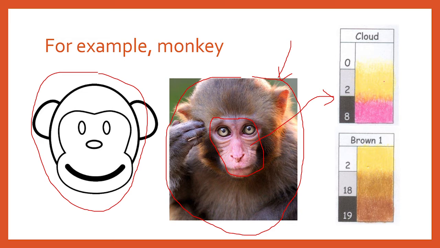I can use color pencil number 2, which is yellow, and then color pencil number 8, which is pink. Okay, for the face, I choose the closest color. And for the fur, I think I will choose brown number 1, or color pencil 2, 18, and 19 for the fur. Alright, so remember to choose the closest color.